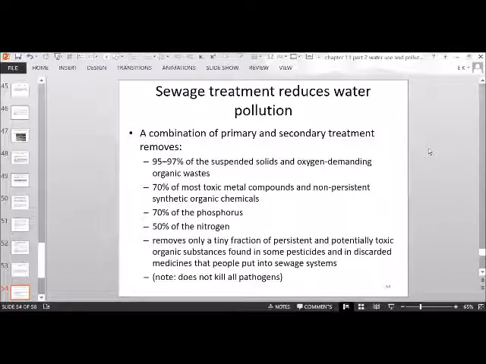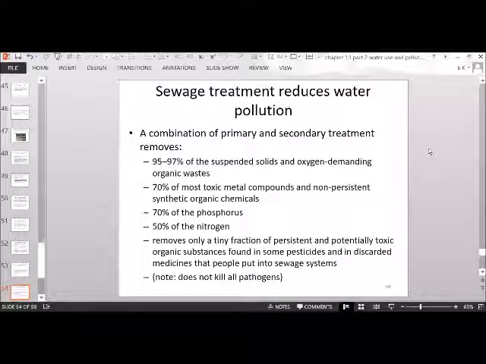But the treatment only removes a tiny fraction of persistent and potentially toxic organic substances found in some pesticides and in discarded medicines that people put into sewage systems. That includes when people flush medications down the toilet. That's partly what they're talking about. It used to be recommended that people flush old medications down the toilet.